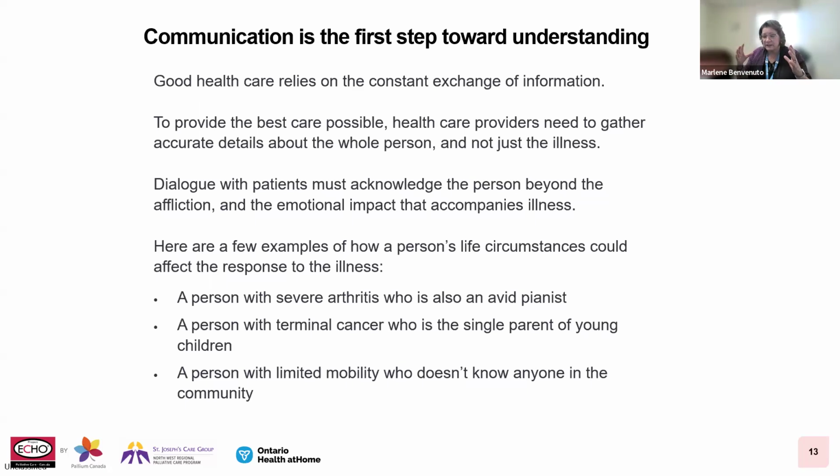Going back to that holistic slide, an example, it can be as easy, and I won't say simple for lack of a better word, but someone who's suffering from severe arthritis, you go, oh, that severe arthritis, okay, that's life limiting. But to find out in conversation that perhaps that person was an avid pianist and that was their occupation.